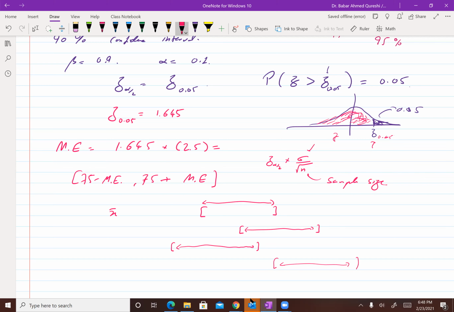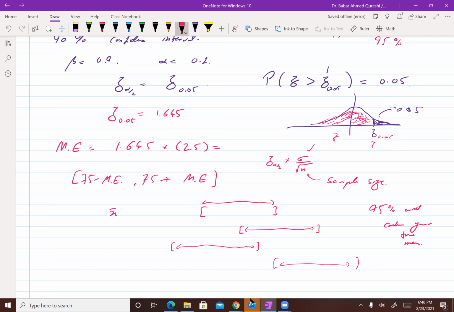Out of all these intervals, 95% will contain your true mean. So if you had done this thousands of times, 5% of them would still have missed the mean, because everything is probabilistic. That's the best you can do.